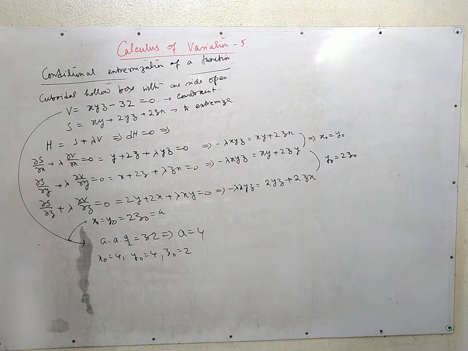So with this introduction to the extremization of a function, we shall in the next class consider the extremization of a function subjected to some condition, and we shall again use Lagrange's method of undetermined multipliers.